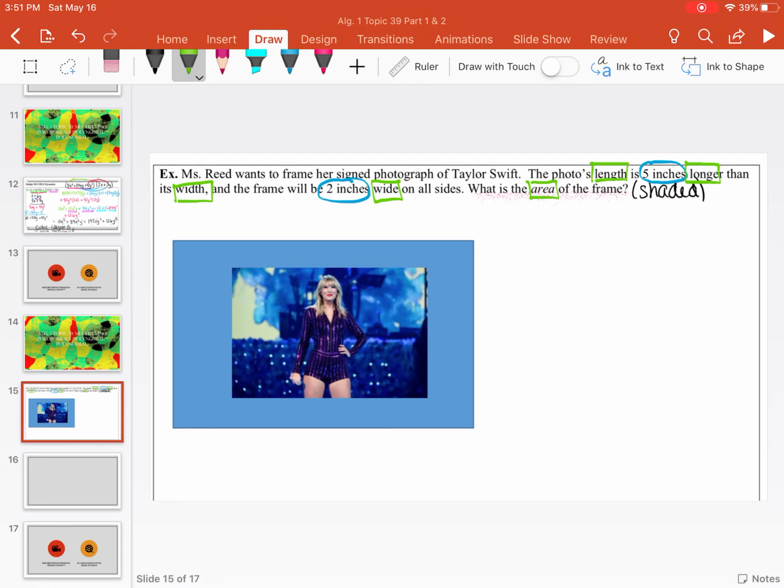For this example, do we know what the actual width of the photo is? It says the length is 5 inches longer than the width, but do we actually have a quantity or a measurement for the width? We do not. So here's where we have to use a variable. Let W equal the width of the photo.